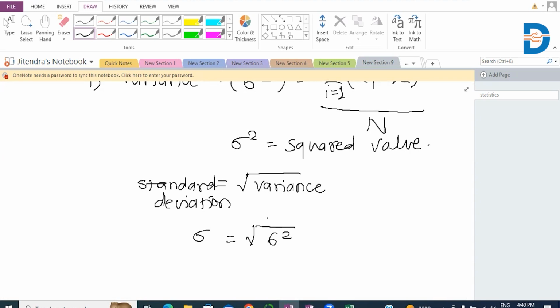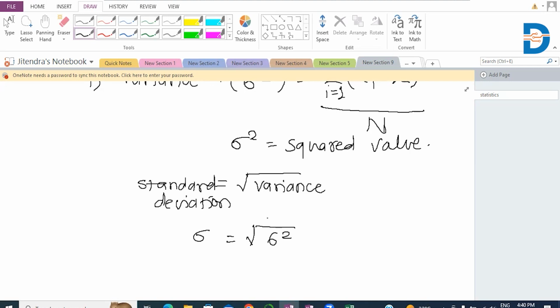Okay. So these are the univariate data analysis summary statistics, data variability functions or data variability methods. With the help of Excel, we will check how we can calculate all these values.